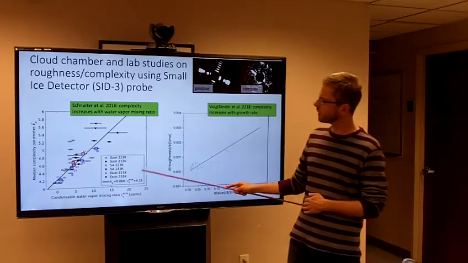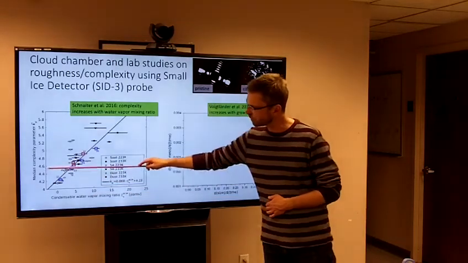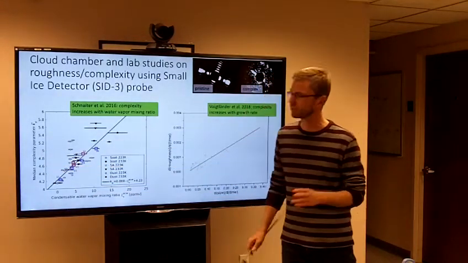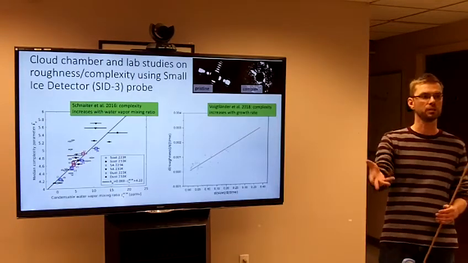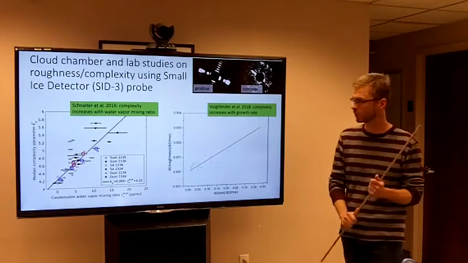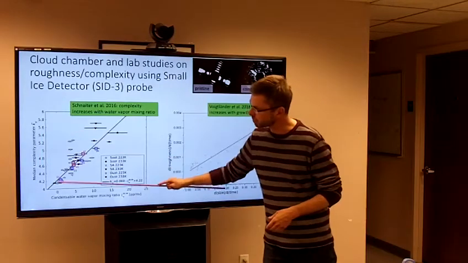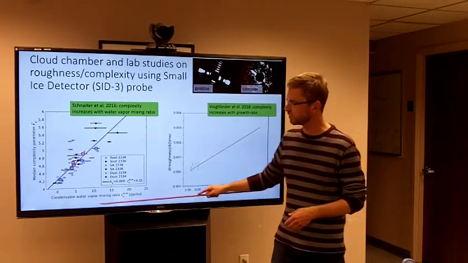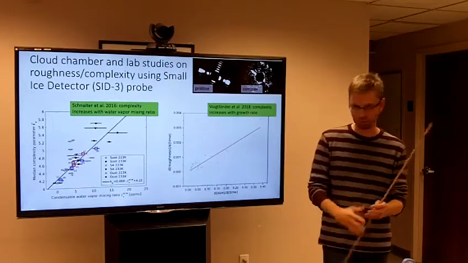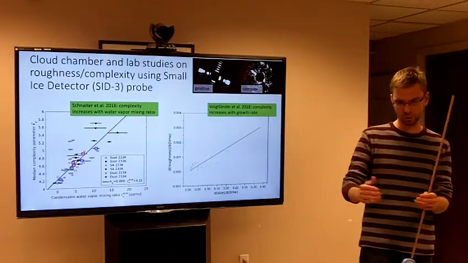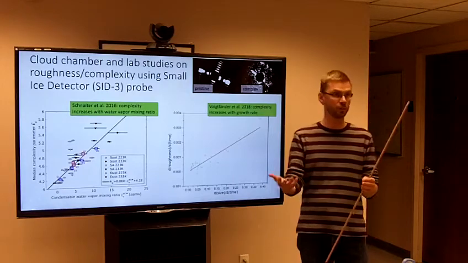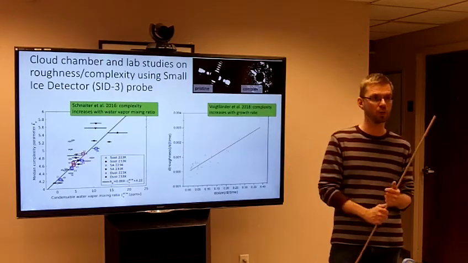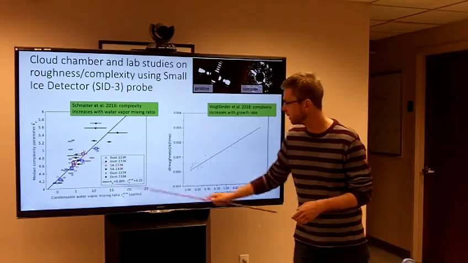And what is found is that they deduce this complexity parameter, which you can relate to this distortion that I'm using. This complexity parameter increases, at a certain temperature, as you increase the supersaturation, basically the available water vapor for these crystals.